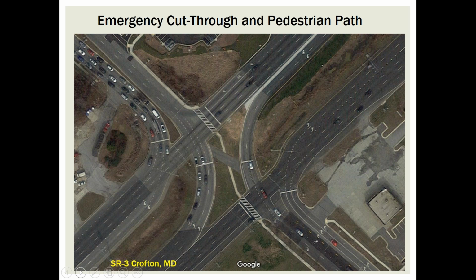So for someone to try to make that cut through illegally, well, if you violate the red light, you've got to cut across the 3 lanes of traffic on the major street, and you're running a red light. If you're trying to do it on the green light, you're going to have the conflict with the left turning vehicles.